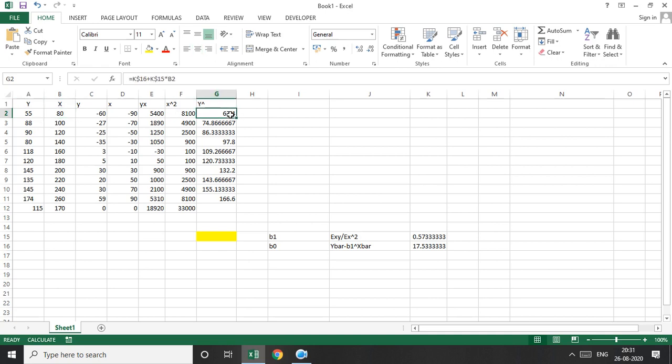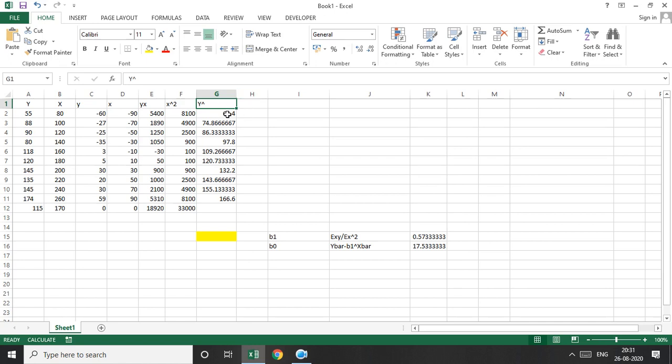When we substitute the betas b0 and b1 in the equation and multiply with the independent variable, we get a value known as estimated y. So this is our actual y and this is our estimated y. Is it okay?